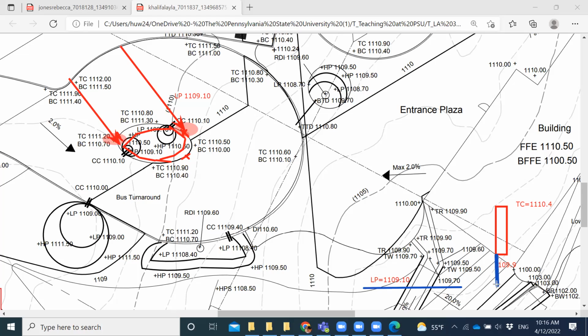If we want to maximize the storage capacity of this area, we would want to make this portion a wall of some sort. So you have an LP equals to 1109.10.